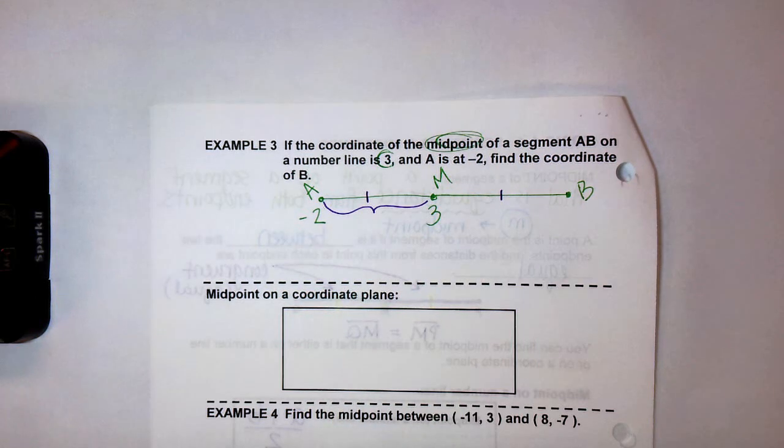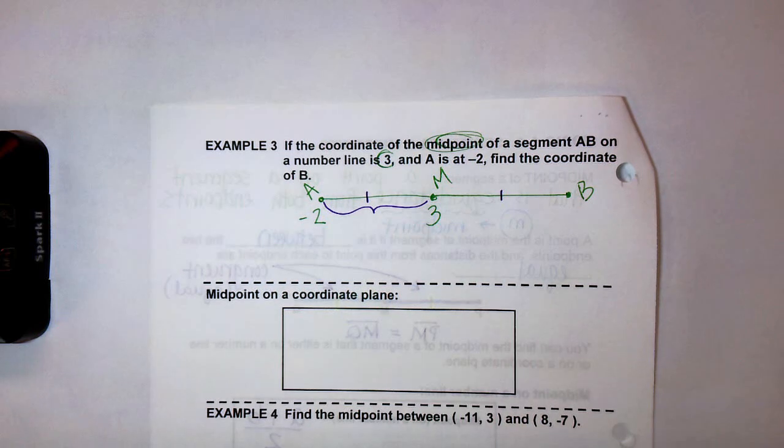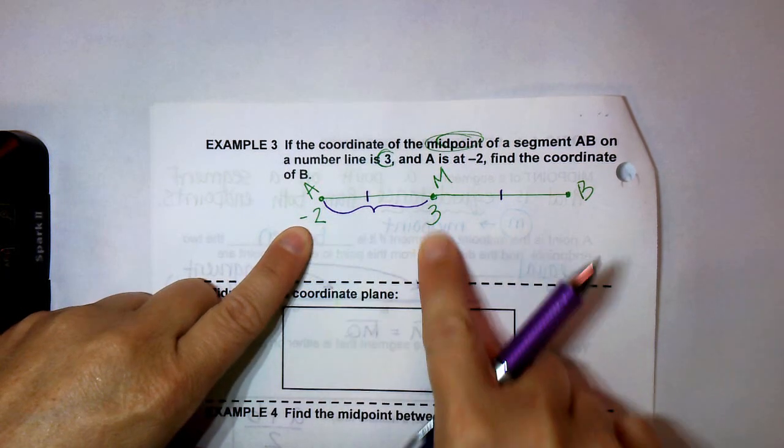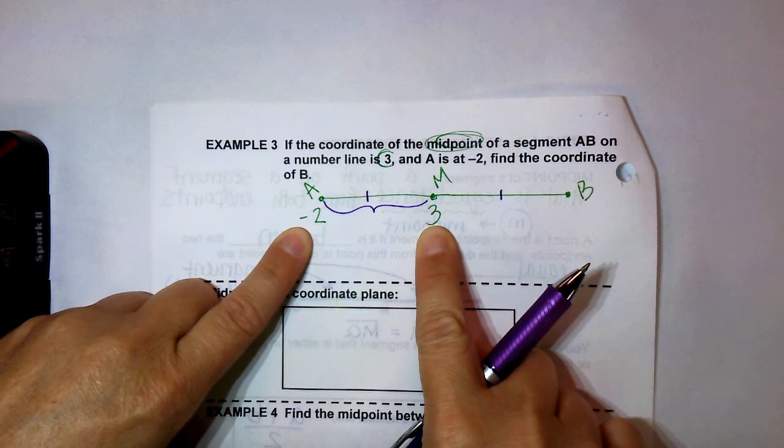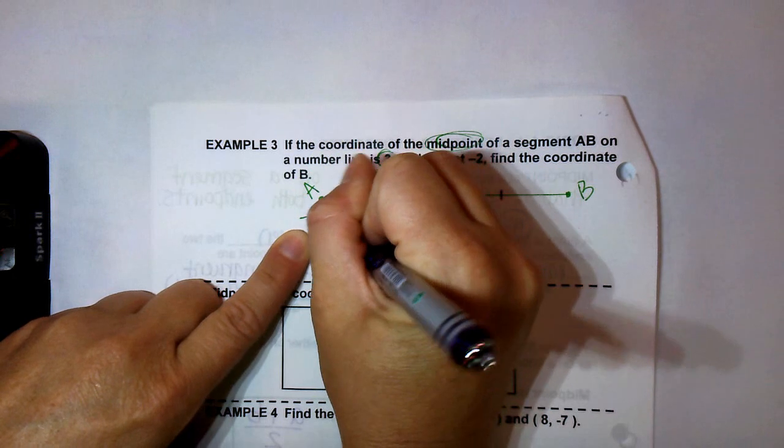Okay, so I need to find the distance from A to M. How do you find the distance between negative 2 and 3? Is it 5? How would I get there on the number line? What would I add to get from negative 2 to positive 3? Add 5.